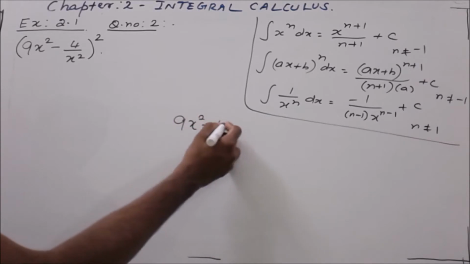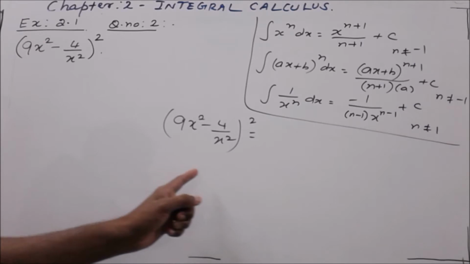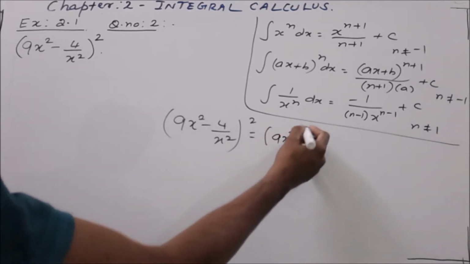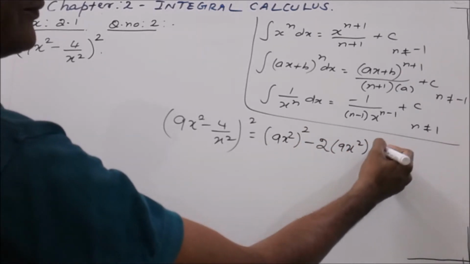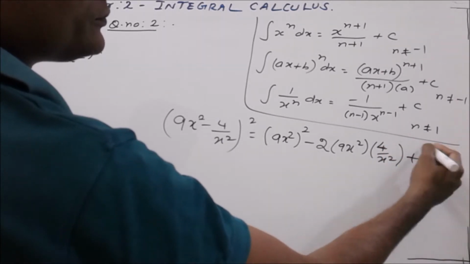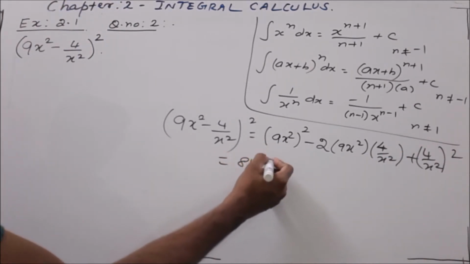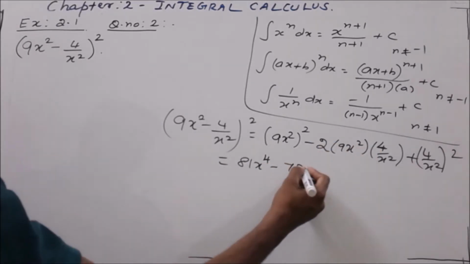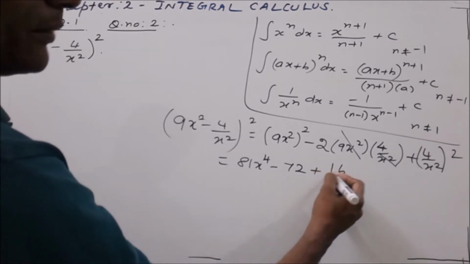(9x square minus 4 by x square) whole square is in the form of (a minus b) whole square, expanding: a square minus 2ab plus b square, which should be equal to 81x power 4 minus 72, this x square gets cancelled, plus 16 by x power 4.